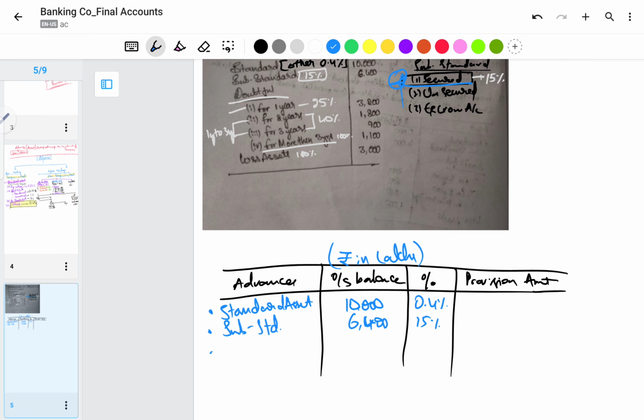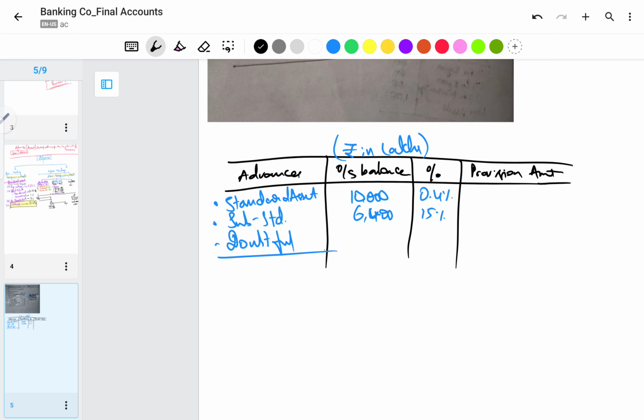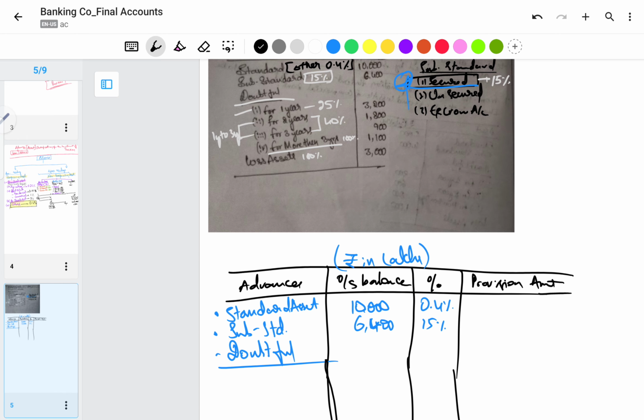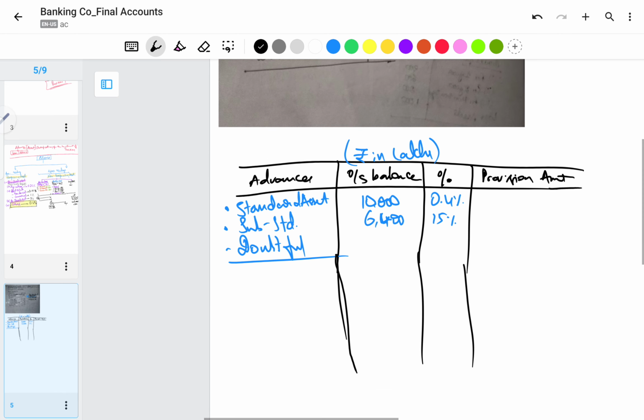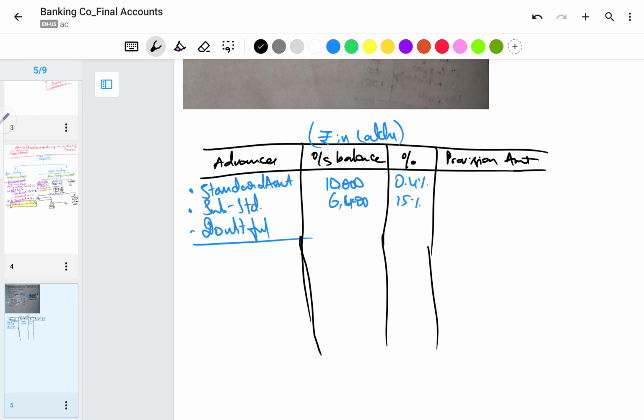Then we have doubtful. Under doubtful, we have two categories, secured and unsecured. Under secured, we have three timelines, which are given for secured purposes only.